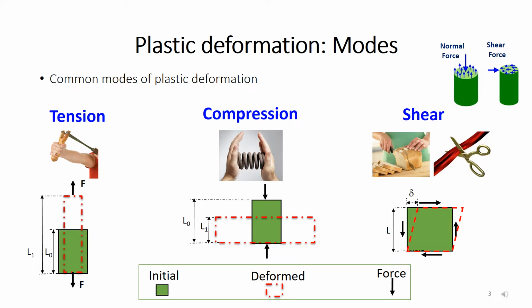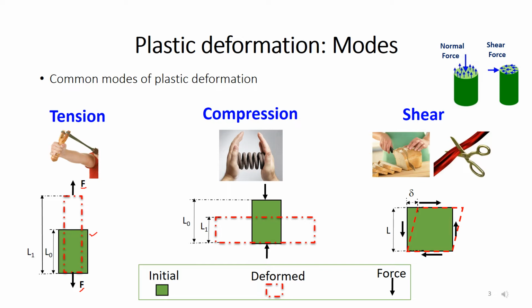Here you can see a rectangular block, and if you are applying force in this upward direction, then this force increases the length of the block. Here it is assumed that it is placed on a rigid surface and fixed to it, so this is the equal and opposite reaction force which is produced. Since the force is increasing the length of this block, it is known as the tensile force.